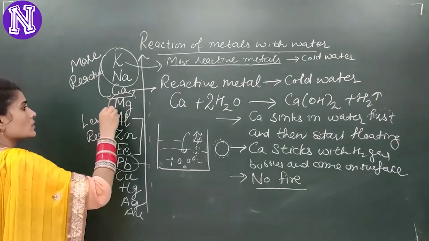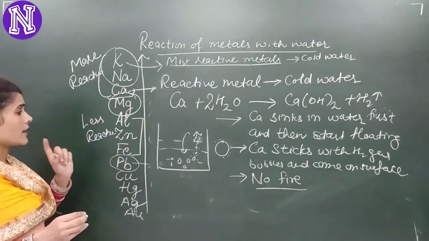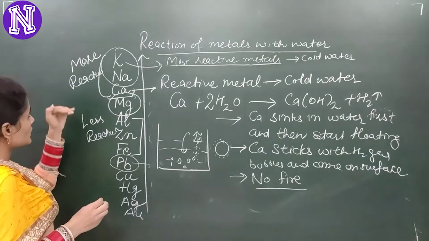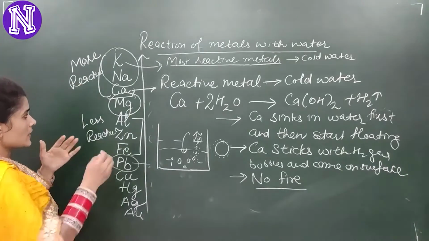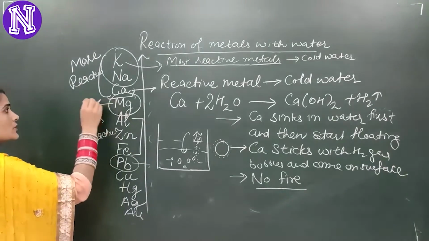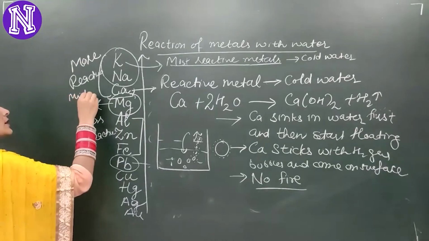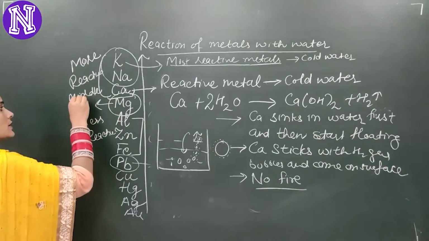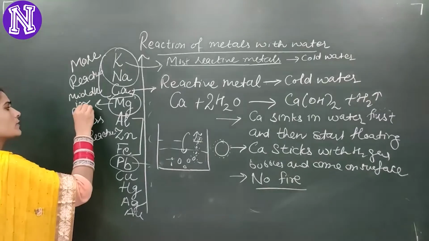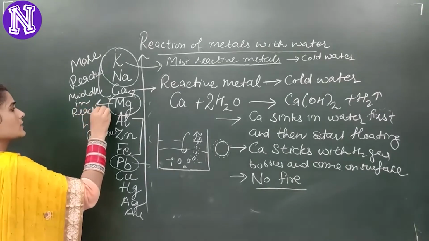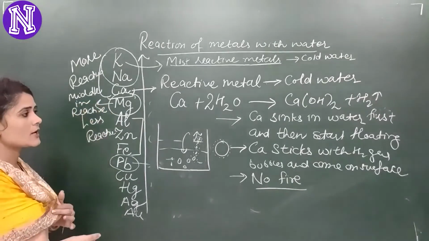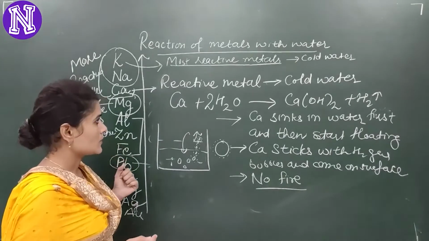And here is only one metal left that is between the more reactive and less reactive. So we can say magnesium is middle in its reactivity, not very highly reactive and not very low in reactivity.